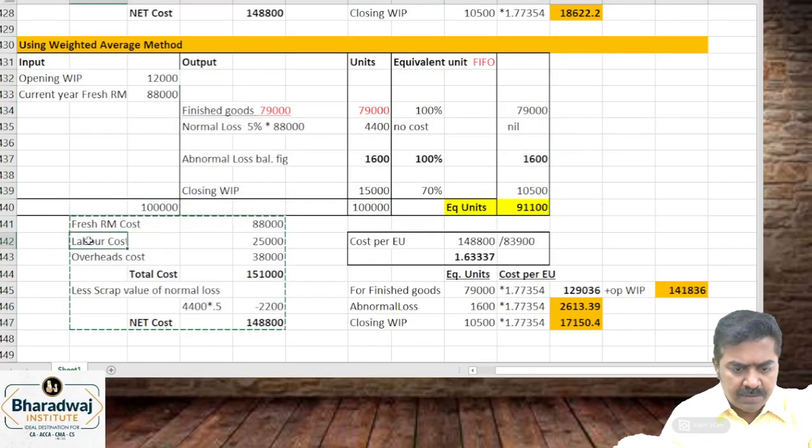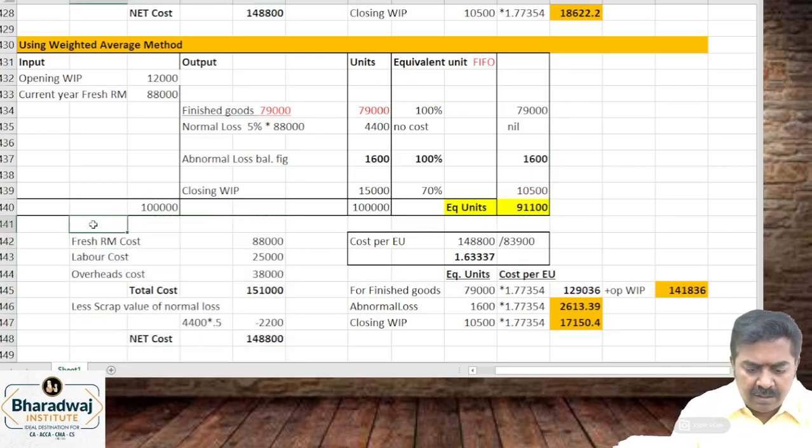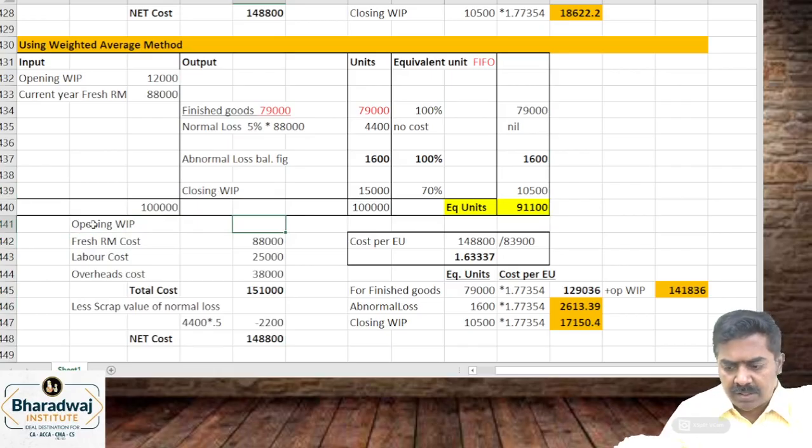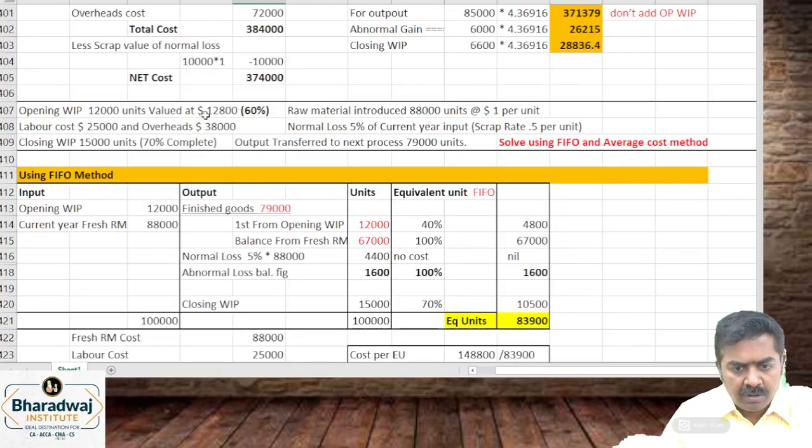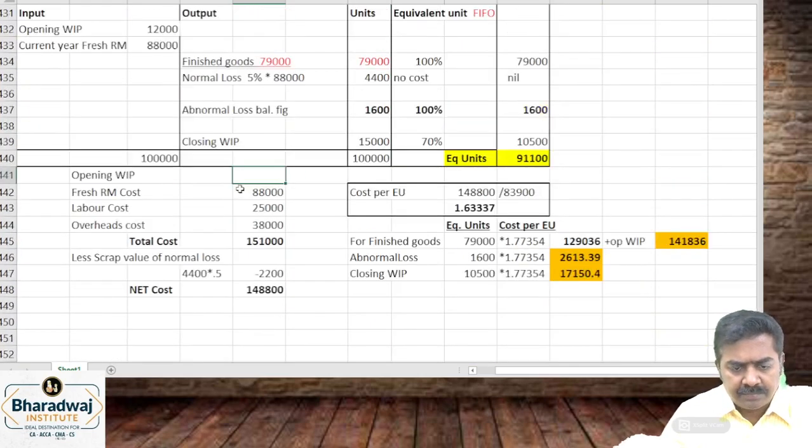The next one is, with the current year cost, we add opening WIP value. What is the value of opening WIP? 12,800.